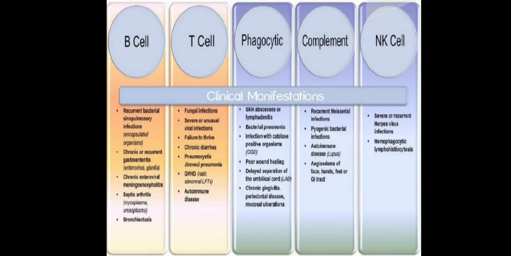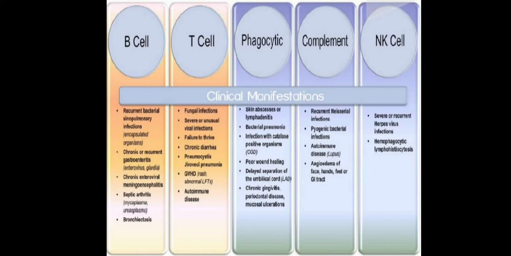Regarding phagocytes, diseases of neutrophils present with skin abscess or lymphadenitis, bacterial pneumonia, infection with catalase positive organisms, poor wound healing, delayed separation of the umbilical cord, chronic gingivitis, and mucosal ulcers.